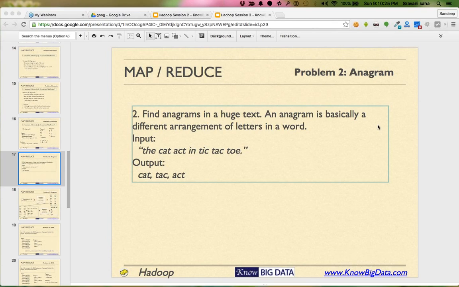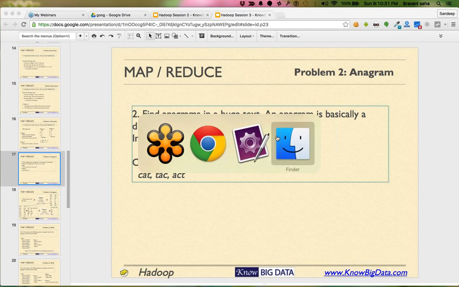Yes. So Ravi says take a simple word, rearrange it in alphabetic order, and it becomes the key. Perfect. All right. Any other answers other than this? Now Randir says there is a good, interesting discussion.